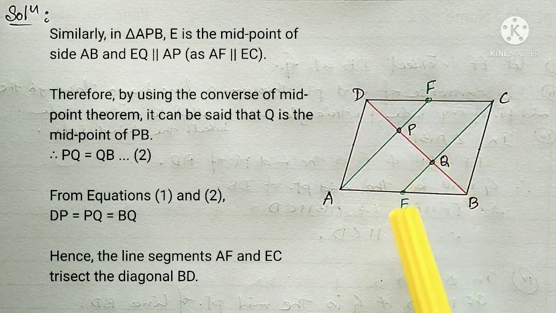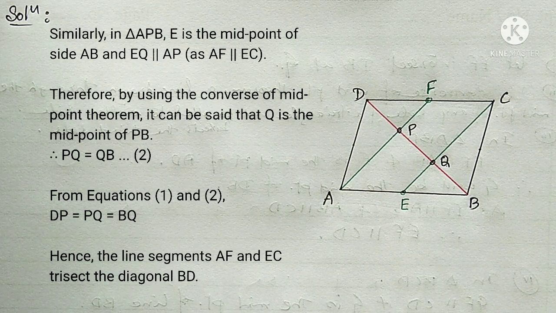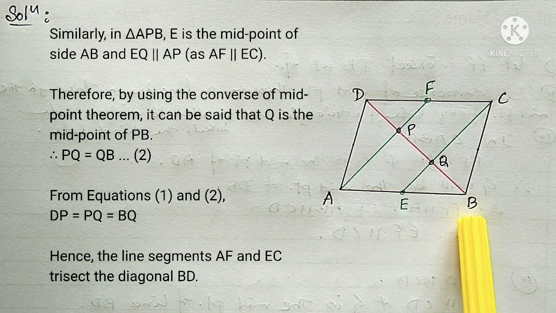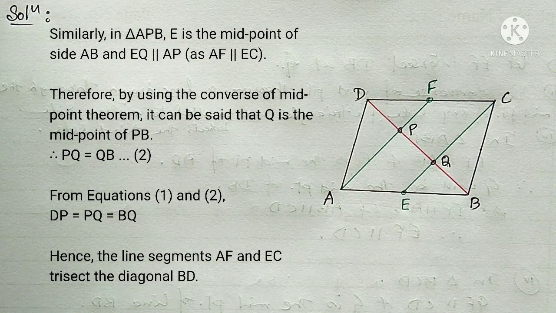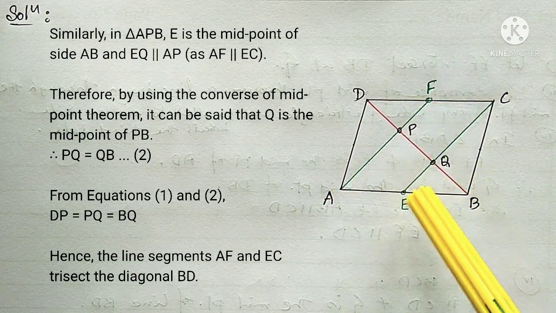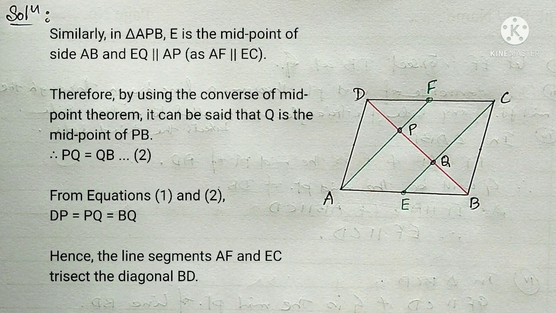If all these three parts are equal, what can we say? This diagonal BD is trisected into three equal parts. That's why our conclusion is finally written: hence, the line segments AF and EC trisect the diagonal BD.